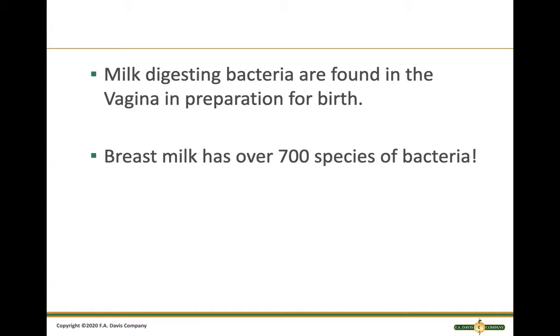But then they realize pretty soon a baby's going to come through there, and he or she would pick up some of those bacteria and then incorporate it into that baby's microbiome. Also, breast milk has over 700 species of bacteria in it, so that helps to build the baby's microbiota. If you look at a baby's intestines, about 30% of the bacteria come from the breast milk, and another 10% come from the mother's skin.